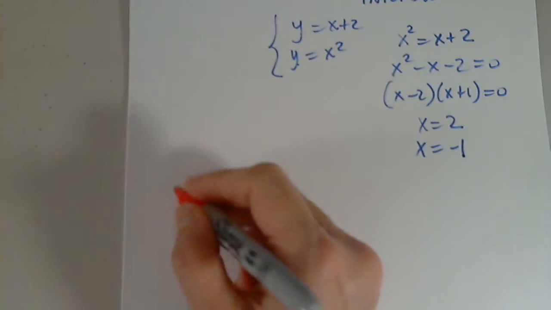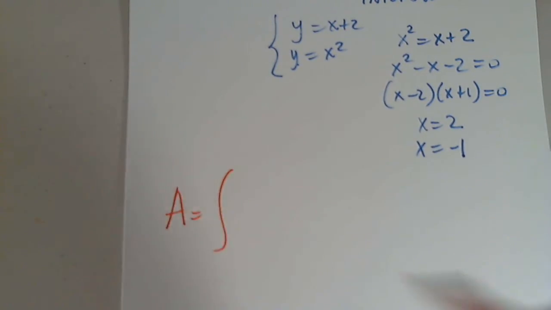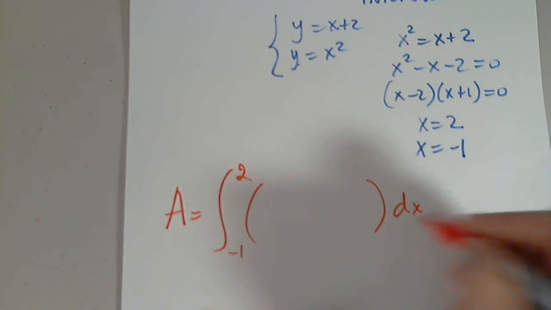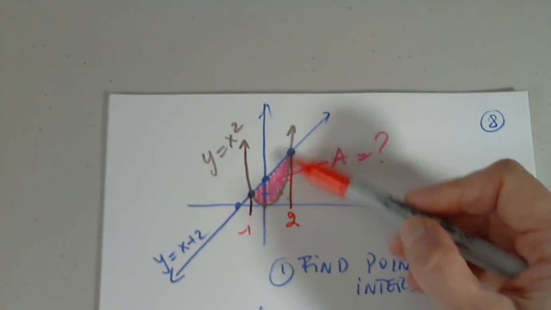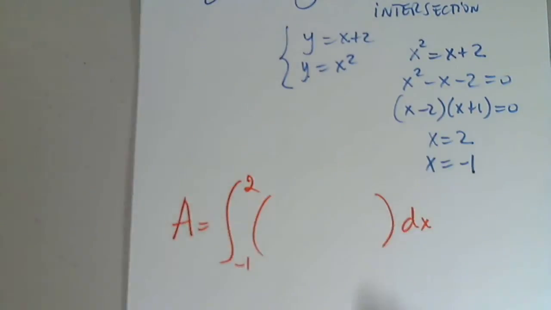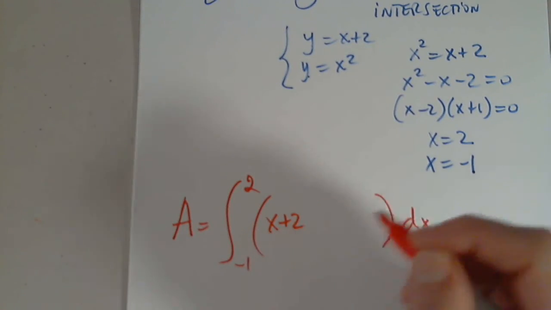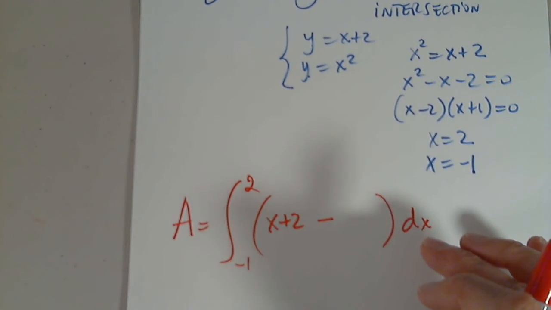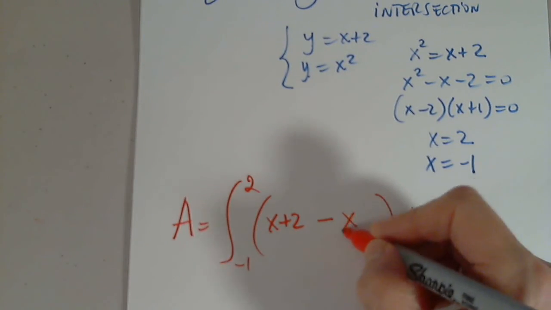So in order to find the pink area, the integral between -1 and 2, from the upper function minus the lower function. The upper function solved for y is x plus 2. The lower function solved for y, because it may not be solved for y, I may have to solve for y.